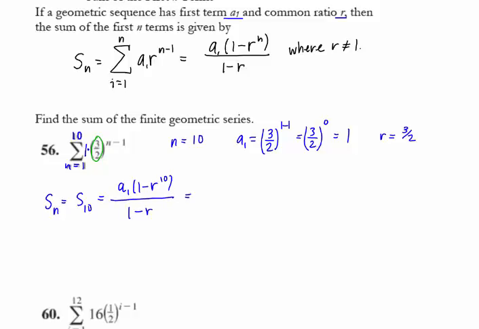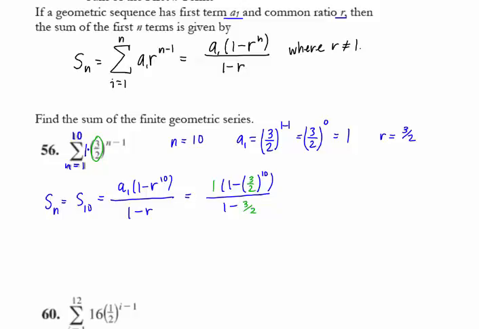Now we know what a1 and r are, so we'll put it in. a1 is 1 times 1 minus r, which is 3 halves, raised to the 10th, divided by 1 minus r, which is 3 halves again.